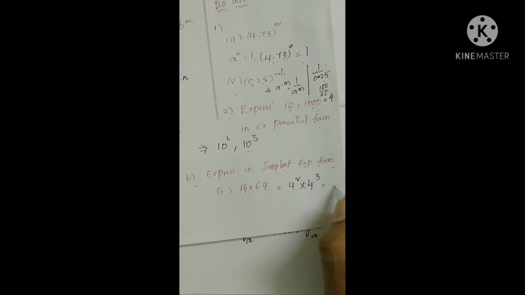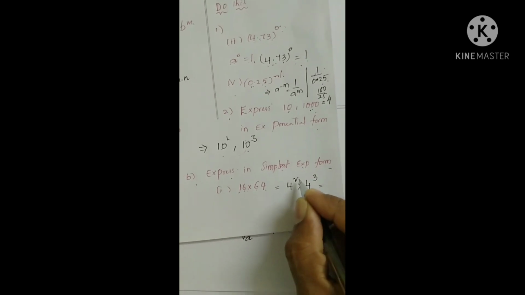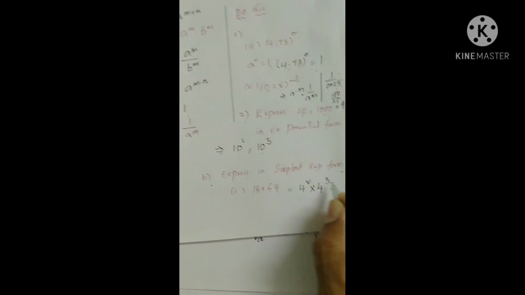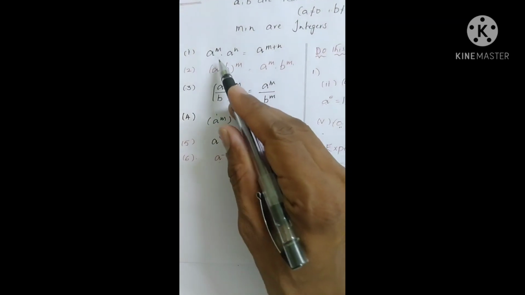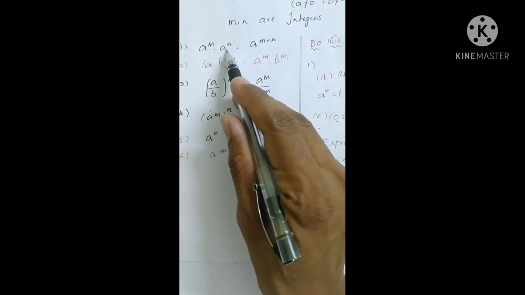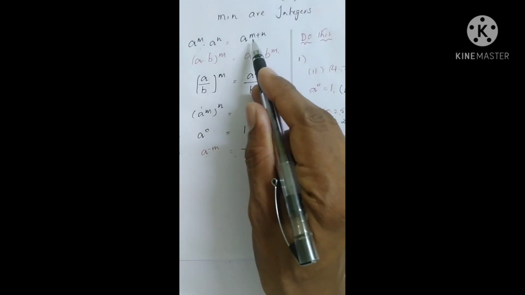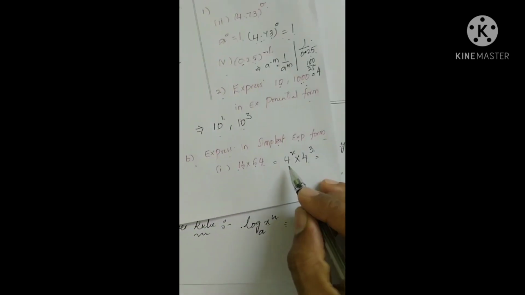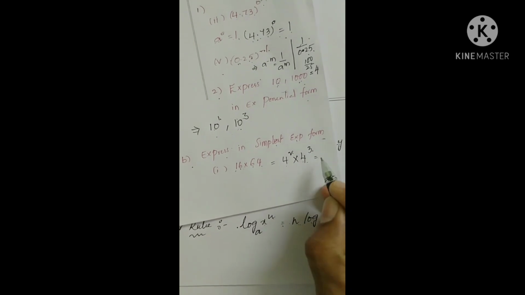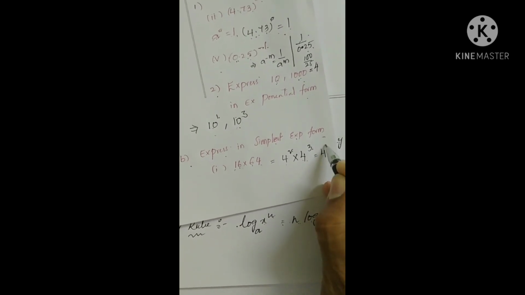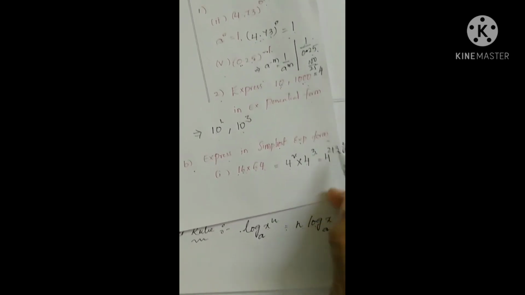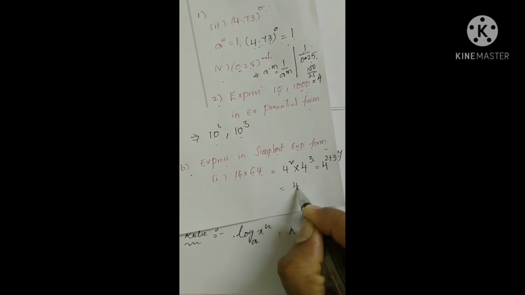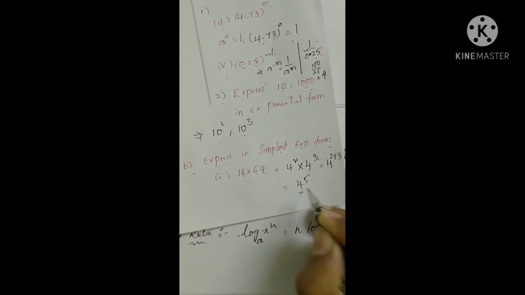This is of the form a power m into a power n, and the result is a power m plus n. So 4 power 2 plus 3, which is equal to 4 power 5 is the result.